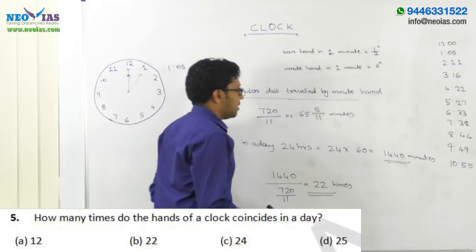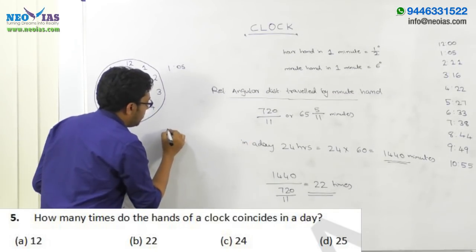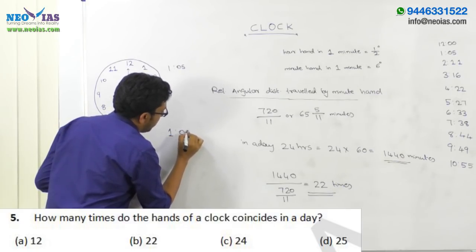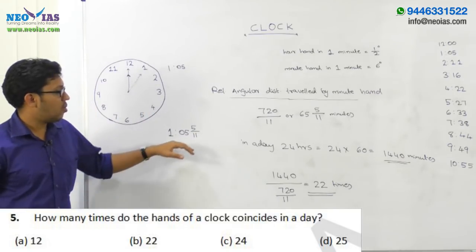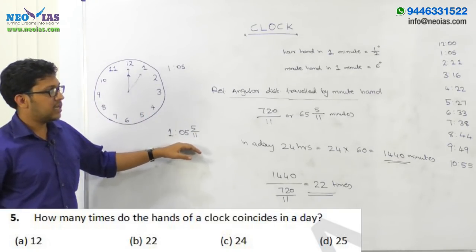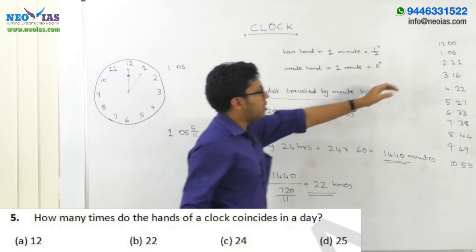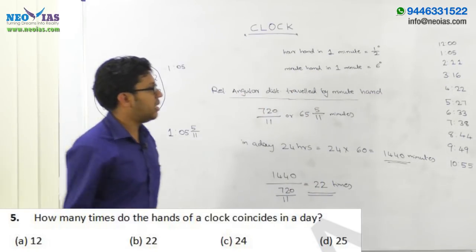The exact time after 1 o'clock is 1:05 5 by 11. This will be the exact time for the coincidence after 1 o'clock. Like that, after 2 o'clock there will be a time. I have written this here just for understanding.